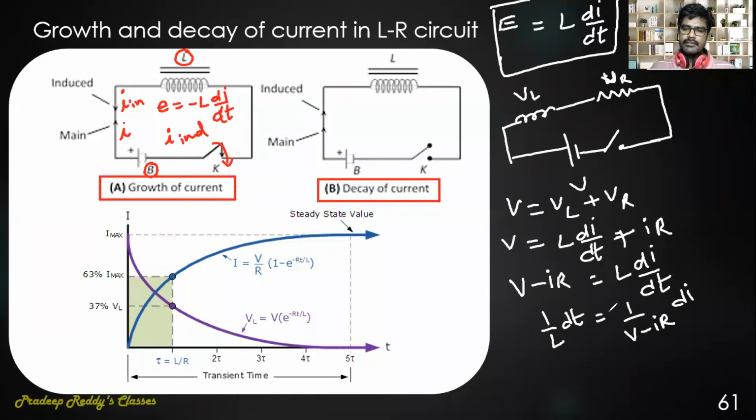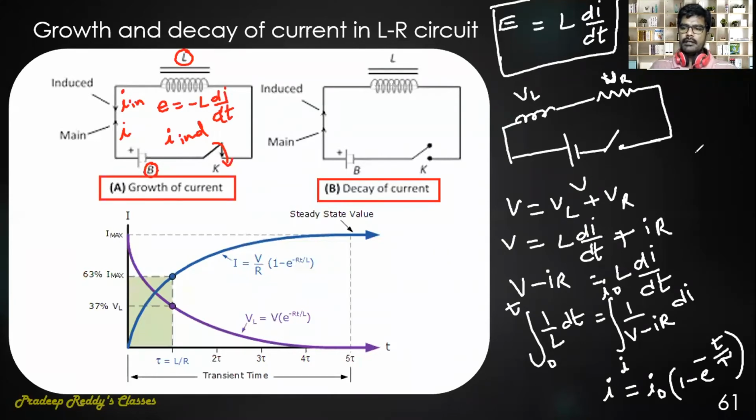Now you can integrate this within the limits I to I naught and time 0 to t seconds. If you evaluate this integration, you will get current I with respect to time t as I naught into 1 minus e power minus t divided by tau, where tau is equal to L divided by R. A similar equation we derived in electrostatics.